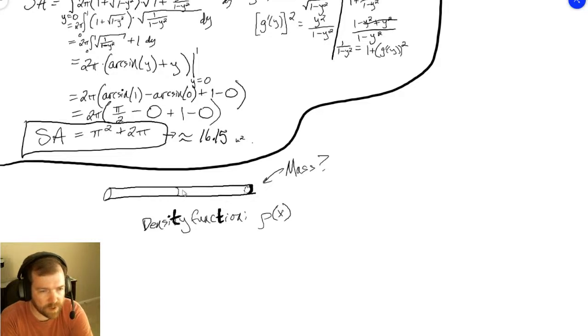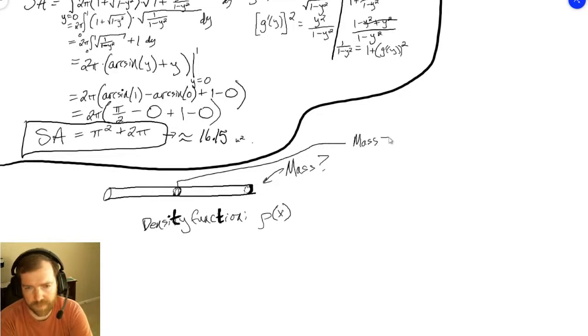So if we take some sort of slice out of this, like a sliver of this particular object, then what we can do is look at what is the mass and how is it defined in terms of calculations.